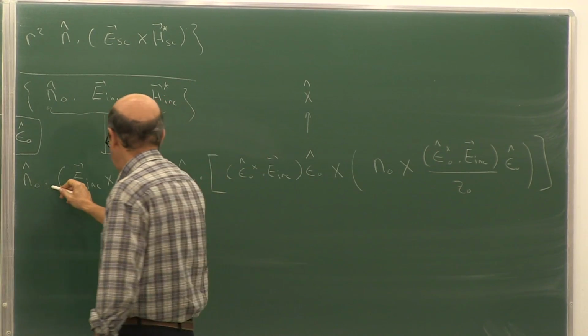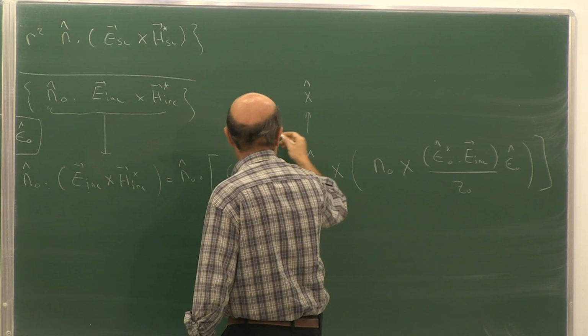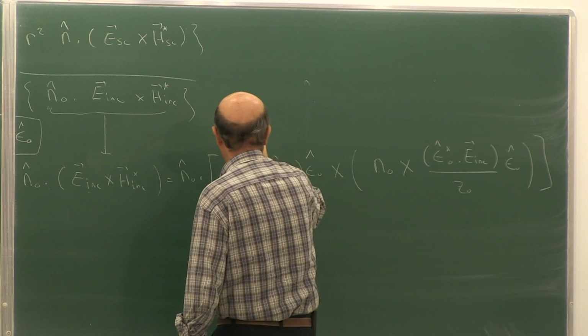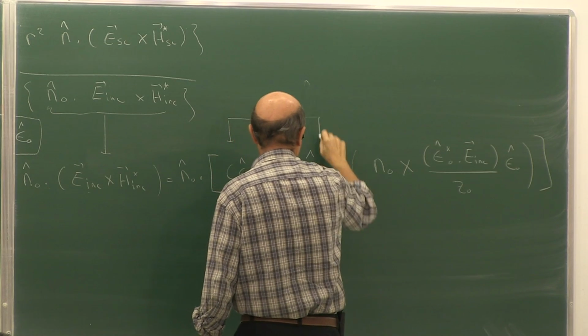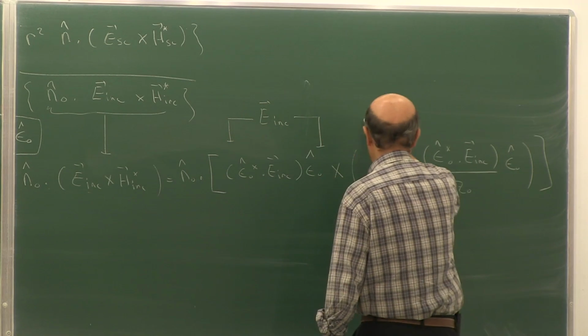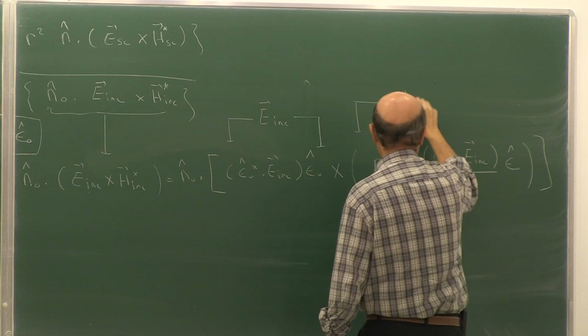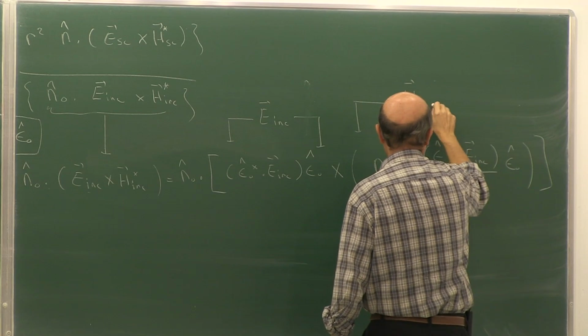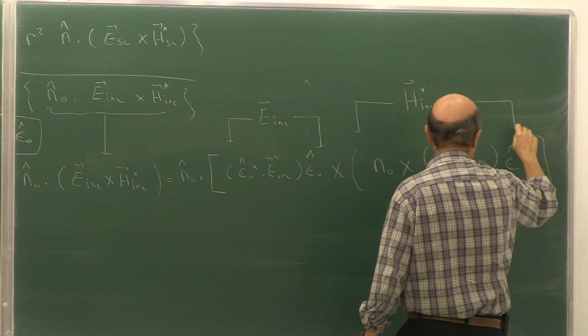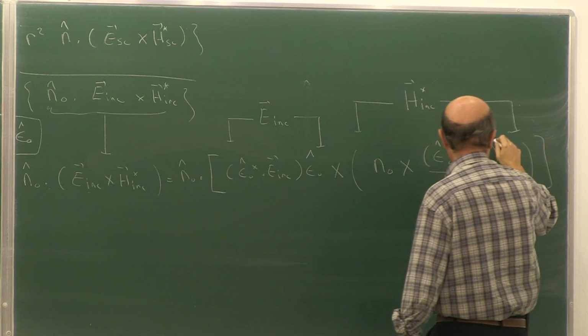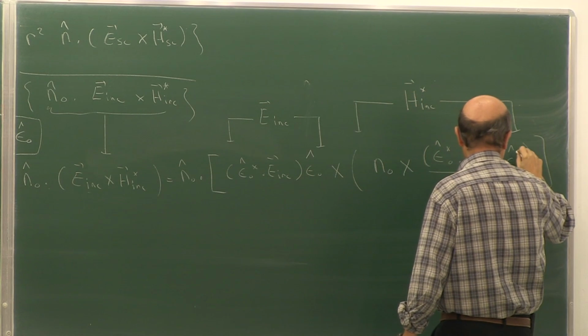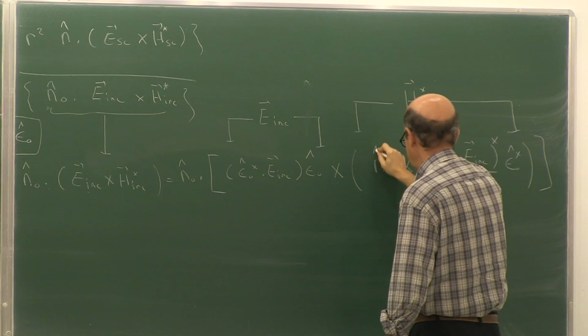So N0 dot E incident is this term, and this whole term is H incident complex conjugate. If I take the complex conjugate, I should take the complex conjugate of this and that one. This is a real unit vector.